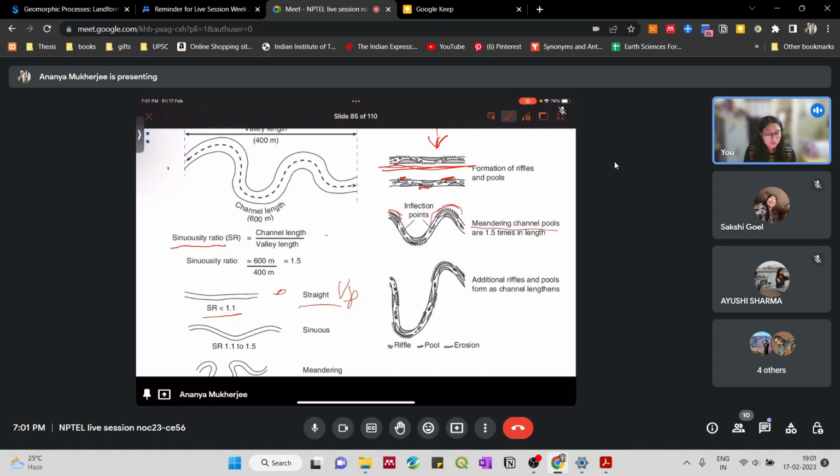That means the erosion is extending beyond what you can see in the current stage, and it is getting more and more sinuous in nature. So this is probably happening at the youth stage. This is also at the youth stage. Then you can say that this is happening in the upstream, lower elevated areas, and this is probably happening in the plain areas.